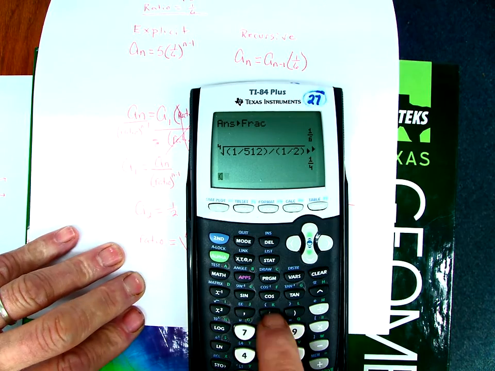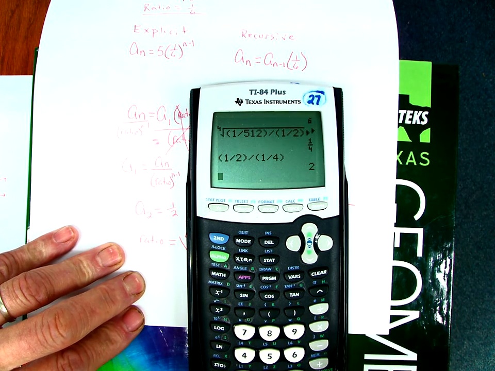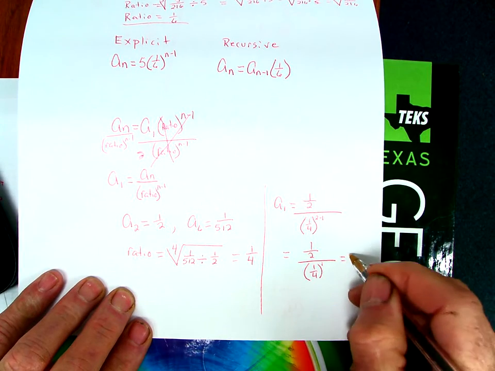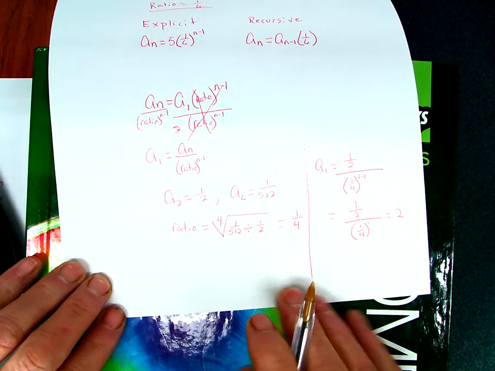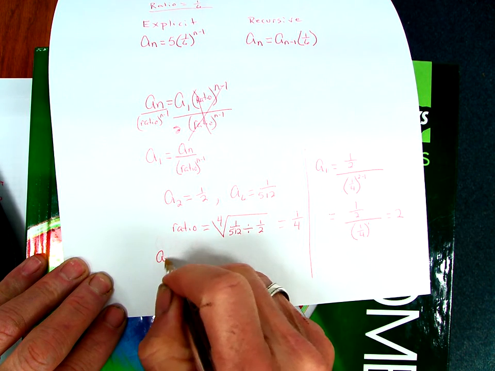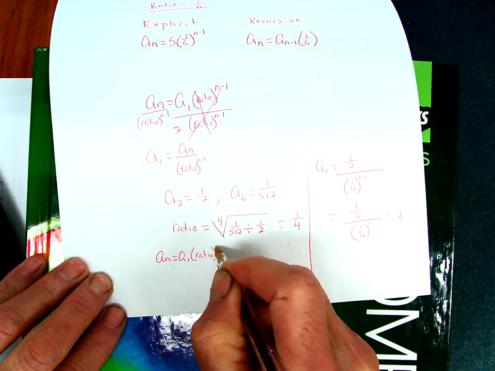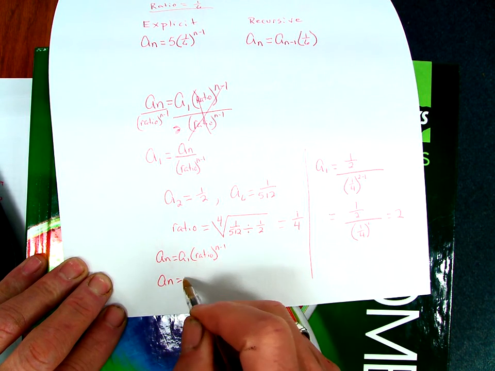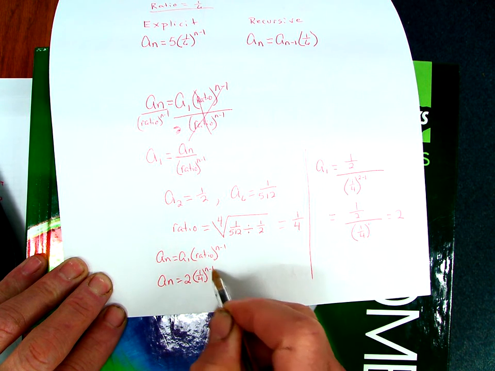1/2, 1 divided by 2, divided by 1 divided by 4, enter, 2. The answer is 2. My first element is 2. A sub 1 equals 2. Now I can write the explicit formula. It's a sub n equals a sub 1 times the ratio raised to n minus 1. So a sub n equals, I'm going to replace a sub 1 with 2, I'm going to replace the ratio with 1 over 4, and then n minus 1.